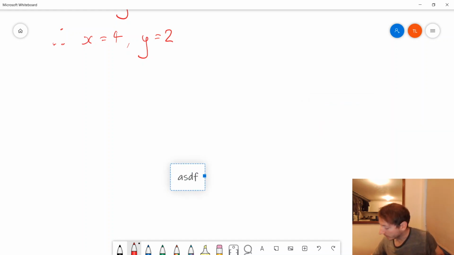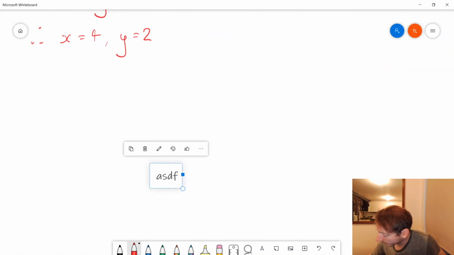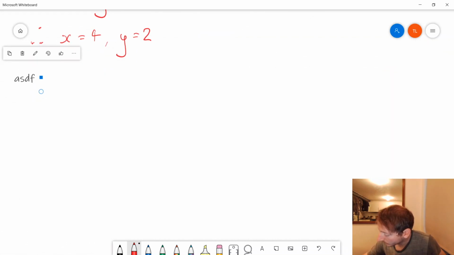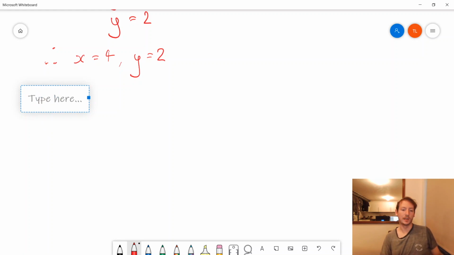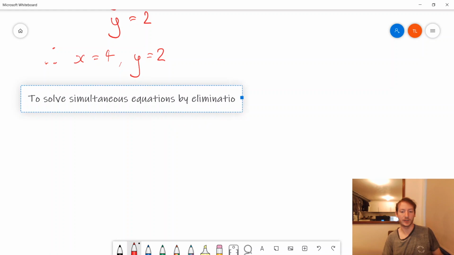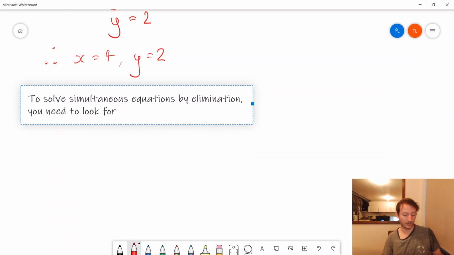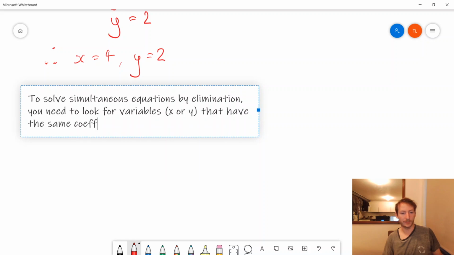So I'm going to have to type something first before I can move the text box. Alright, let's say we've got, to solve simultaneous equations by elimination, you need to look for variables, x or y, that have the same coefficient.